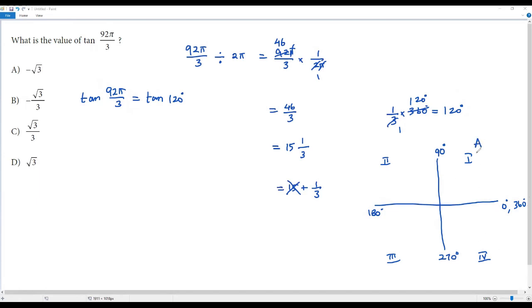That is A in the first quadrant, S in the second quadrant, T in the third quadrant, C in the fourth quadrant. For the first quadrant we have A. A means all trigonometric ratios are positive in the first quadrant. For the second quadrant we have S. S means sine and its reciprocal cosecant are positive, the rest are negative in the second quadrant. In the third, tangent and cotangent are positive, the rest are negative. In the fourth quadrant, cosine and its reciprocal secant are positive, the rest are negative.